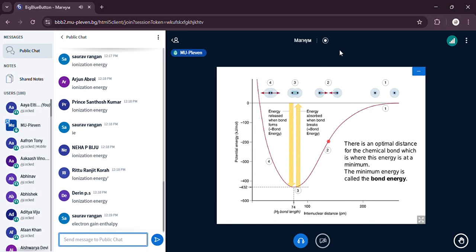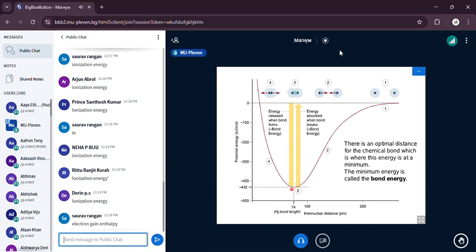Why? Because when they approach each other, the electron density of one atom enters the electron density of the other atom, and in this way the electron density between bonding atoms, between their nuclei, increases, and the potential energy of such a system decreases up to a distance of 74 picometers.